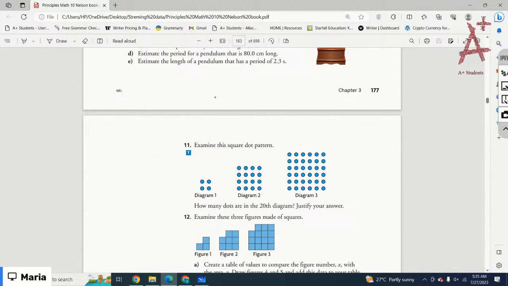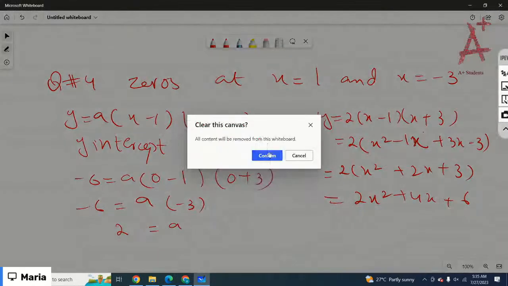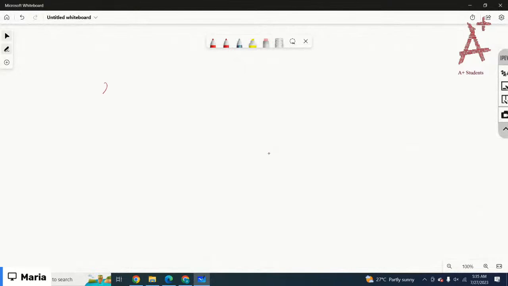Okay, that is the square of 2 dots, then square of 4, then square of 6. Got it? So diagram 1 has side length of 2, diagram 2 has side length of 4, and diagram 3 has the side length of 6. That means the pattern shows the side length is 2n.